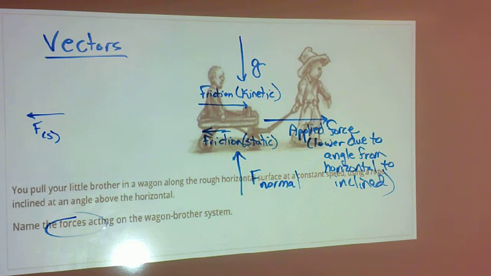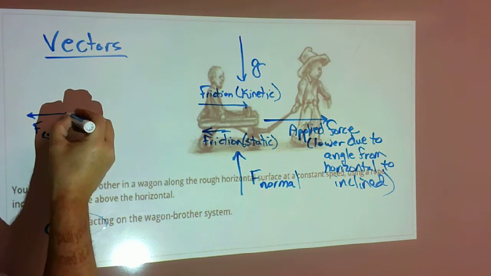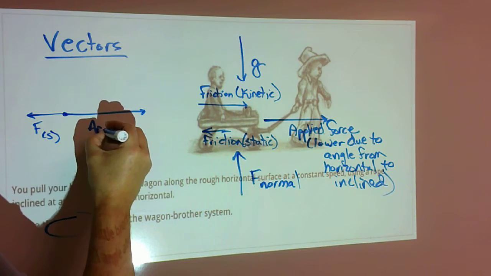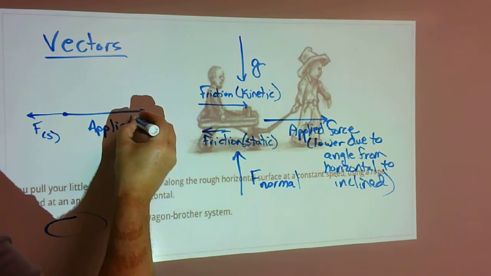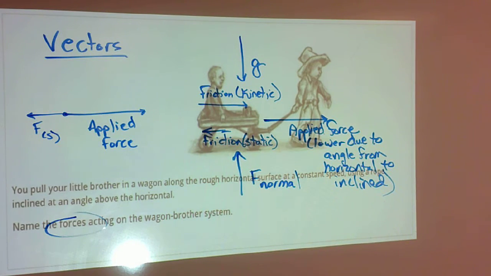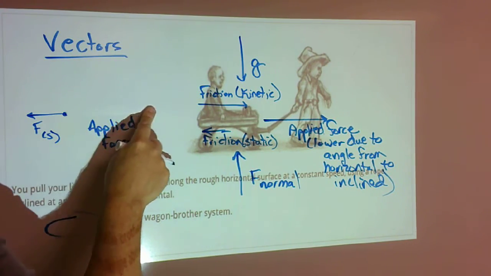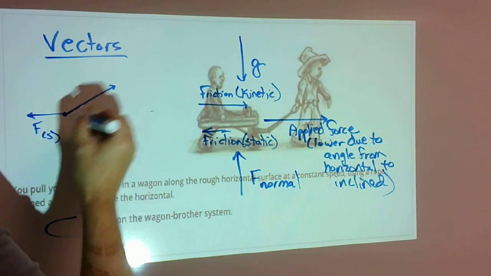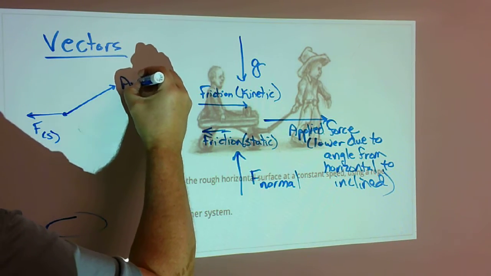And then what's my other vector arrow going to be? That's going to be my applied force. We could also mention it as a tensional force. We also have my kinetic friction, so let's move this up a little bit for my applied force so we can account for my angle.